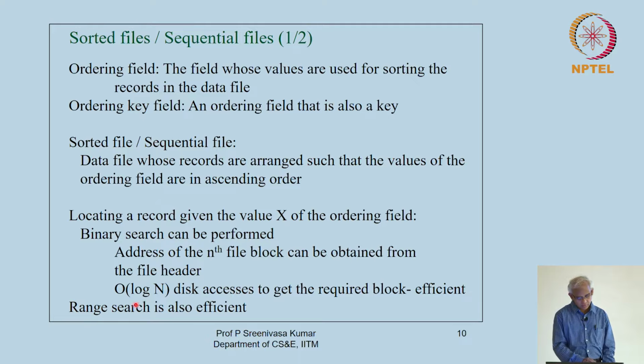If there are n disk blocks, then about log n disk accesses would be required to get the block. Since log n is a slowly rising function, this is reasonably efficient. We will later on see how to improve this further.